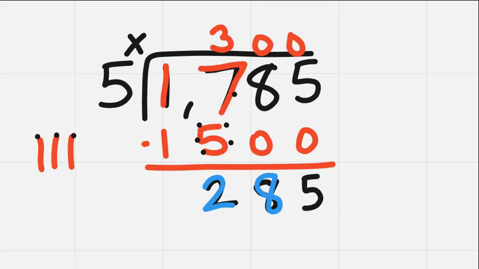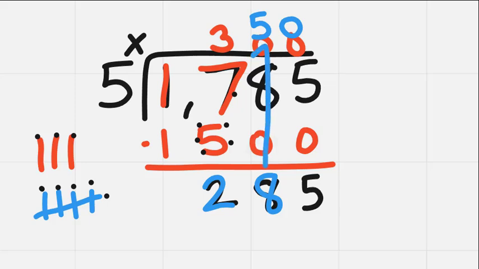Let's count by 5. 5, 10, 15, 20, 25, 30. 30 is too high. So now we count how many 5s? 1, 2, 3, 4, 5. We will put a 5 up top, then add a 0 as a placeholder, because we always put the number straight up from the number that we divided.